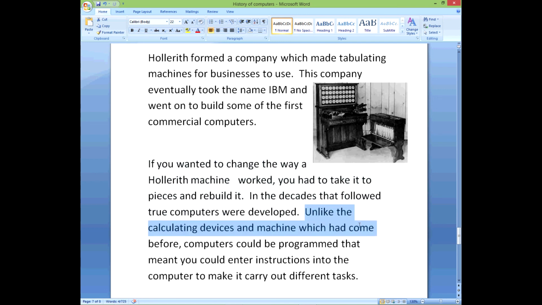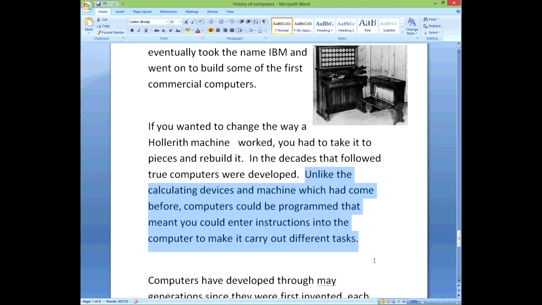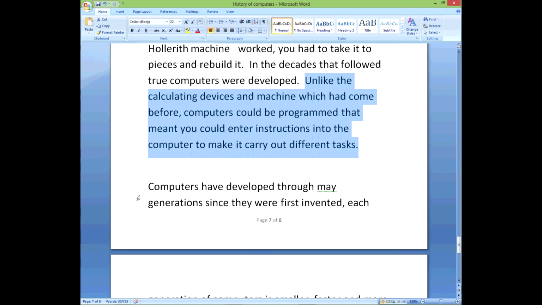Unlike the calculating devices and machines which had come before, computers could be programmed. That meant you could enter instructions into the computer to make it carry out different tasks. So in those days, those machines could only add, subtract, divide, multiply.